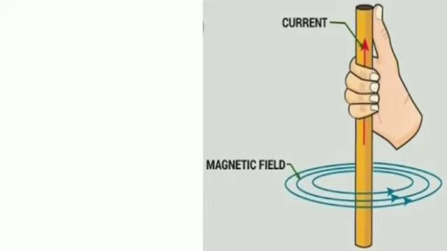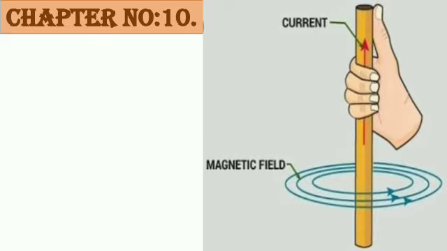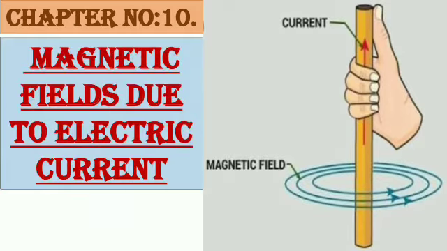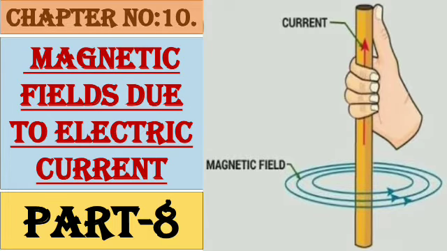So let's move further as we have already started a chapter, chapter number 10, magnetic fields due to electric current, and inshallah today's lecture will be part 8 of the same chapter. In my previous video lecture, I started a topic, torque on a current loop.